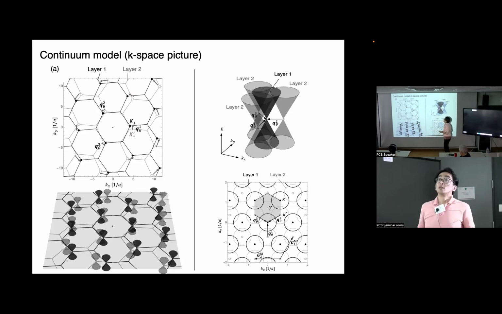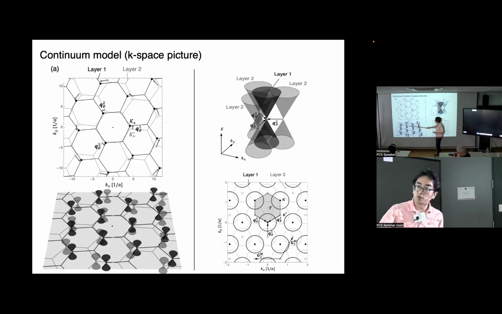This way, we just overlap the K-space honeycomb lattices and draw a Dirac cone at each corner. Like this: black ones in layer one, and gray in layer two. You see the black and gray are, as I said, just replicas of the same thing, but arranged with various different K-space shifts. Those distances are actually meaningful.